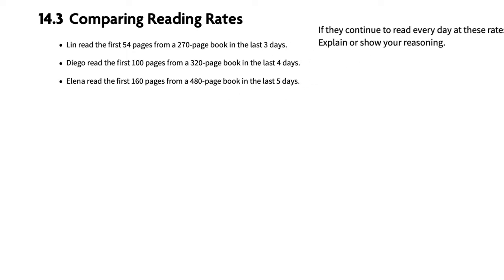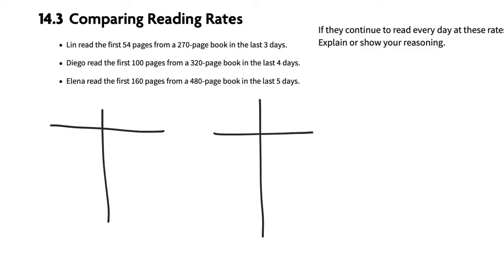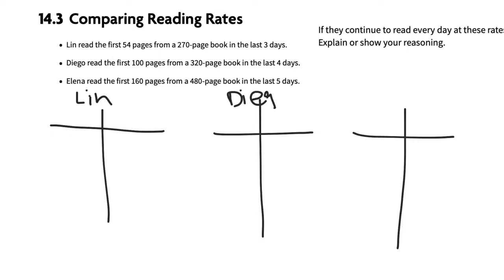So let's get that little piece out of the way, and let's make a table. We're going to make 3 tables. We're going to make a table for Lynn, a table for Diego, and a table for Elena. All right, so let's do pages and days.